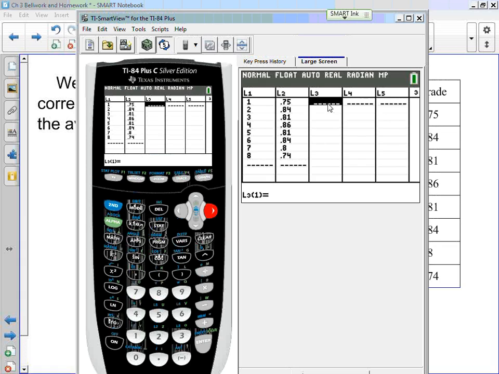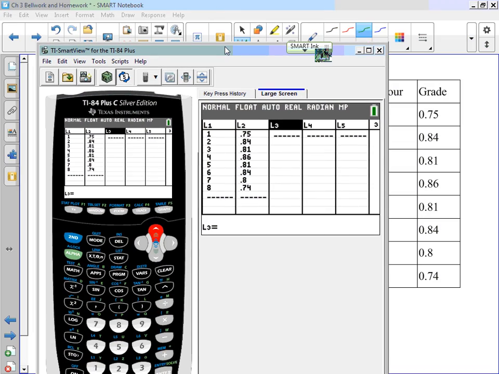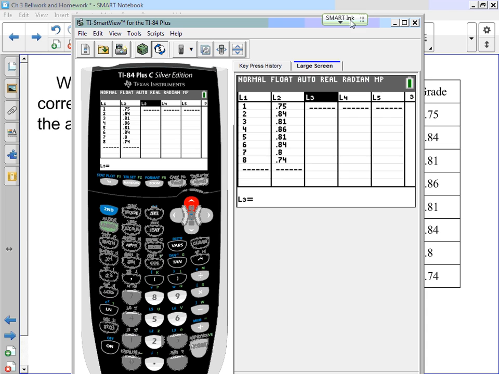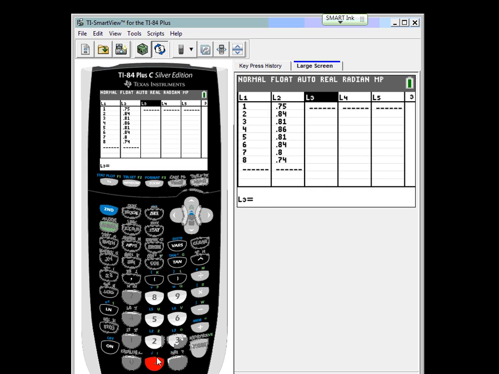What is our equation of our line? My equation is 0.8186 minus, I'm going to put the minus there since it's negative, 0.0027.